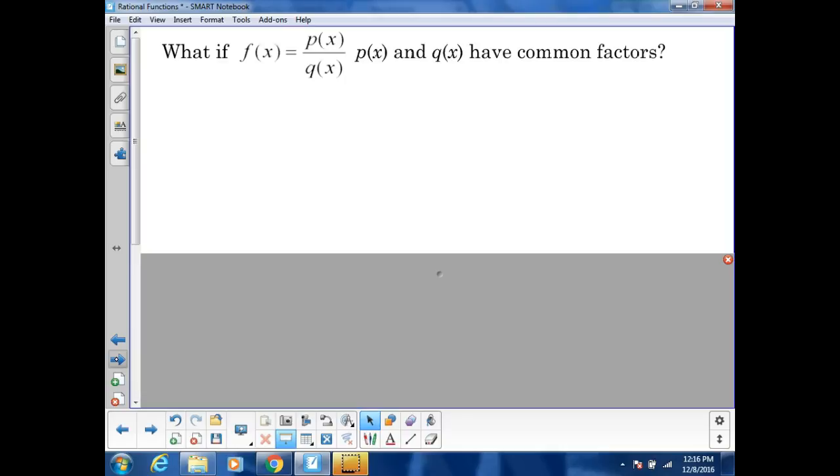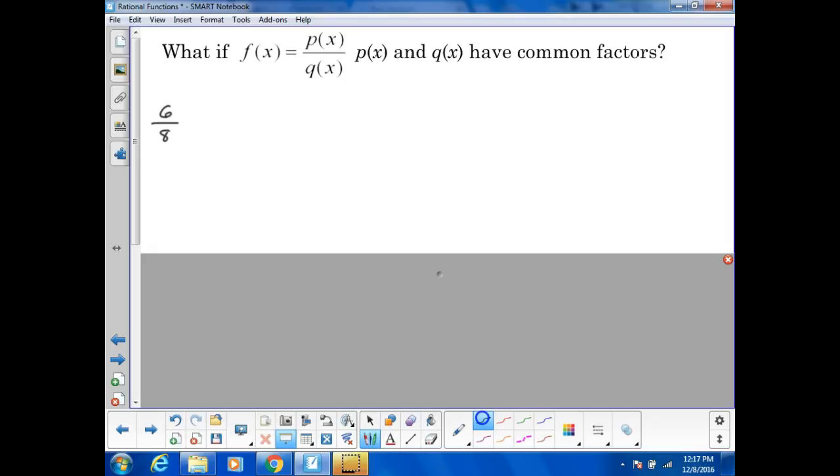What if my fraction, remember we're dealing with a fraction basically, right? What if my fraction has common factors? So for instance, let's say we had a fraction that was 6 over 8. Do I like 6 over 8 as a fraction, as an answer?